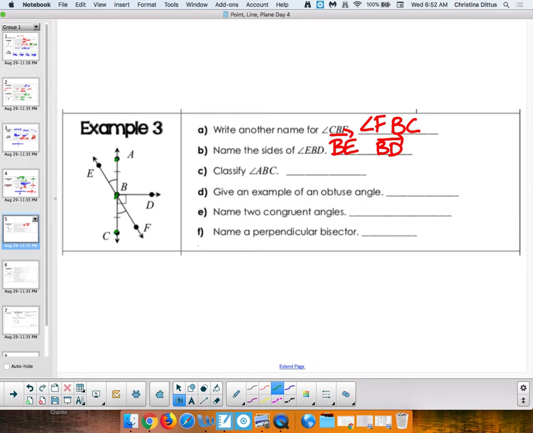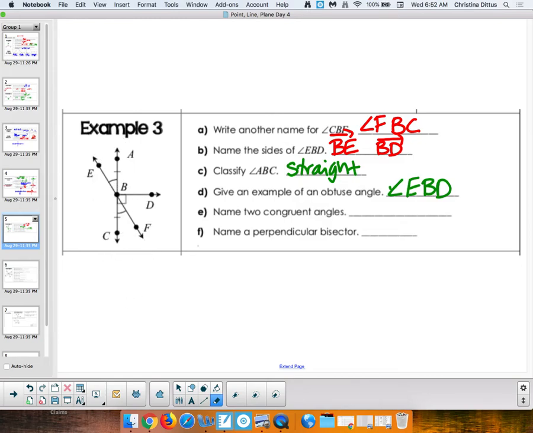A, B, C is right here. That is a straight angle. It makes a line. Give an example of an obtuse angle. There are a bunch of them. I'm going to go with EBD. I know that that angle right there is more than 90 degrees. You could also call it DBE.